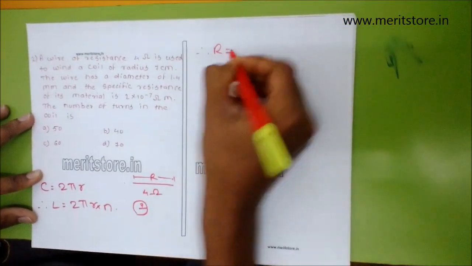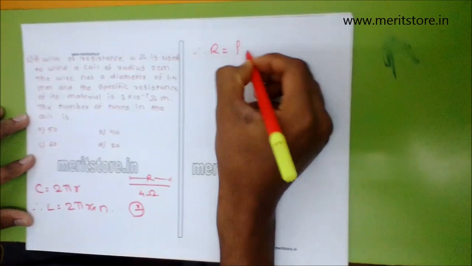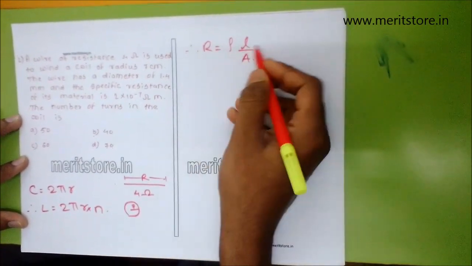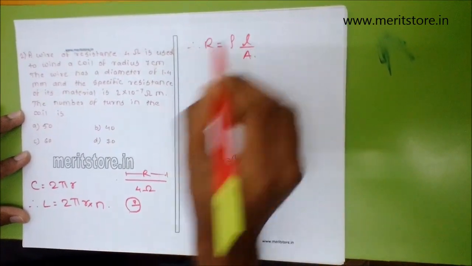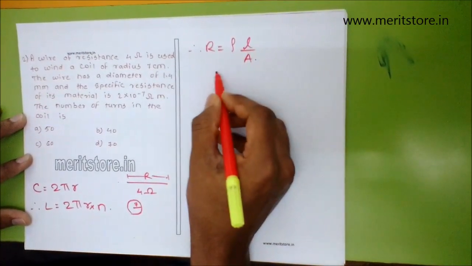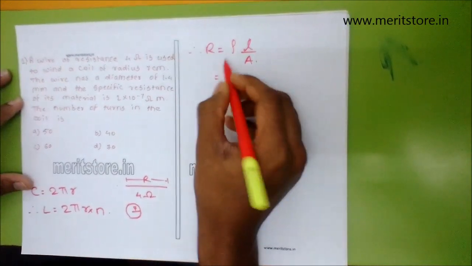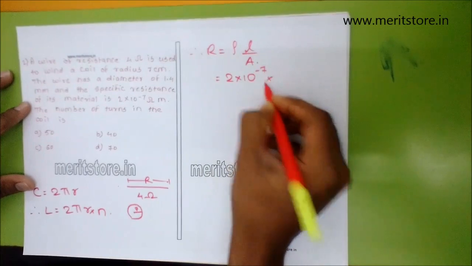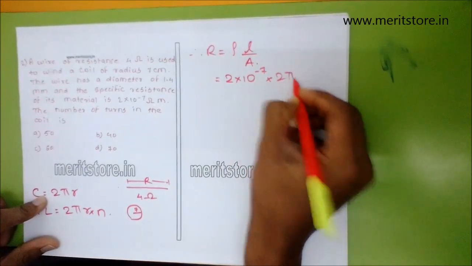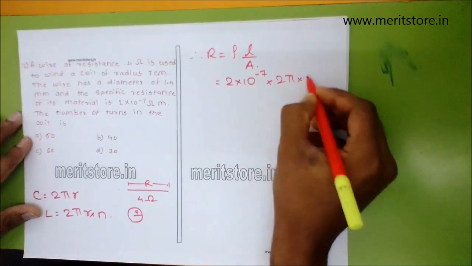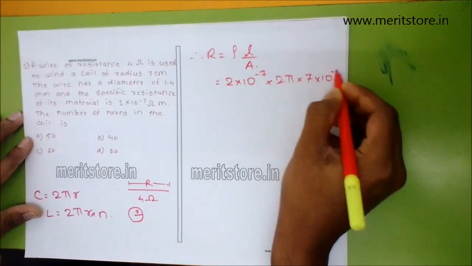The formula for resistance is R equal to rho L upon A, where rho is the resistivity of the material, L is the length of the wire, whereas A is the area of cross section. Substituting these values, we get 2 × 10^-7 into the length 2 pi r, where r is in centimeters, so we need to convert it into standard 10^-2 meters.